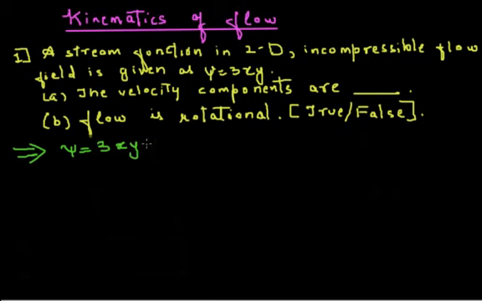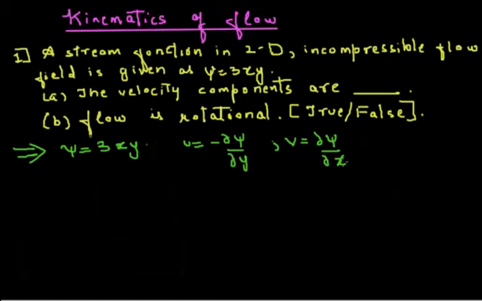Now, on account of the property of psi function, we know that the u and v components of velocity are given by u is equal to minus del psi by del y, and v is equal to del psi by del x. So this we know by the property of psi function.